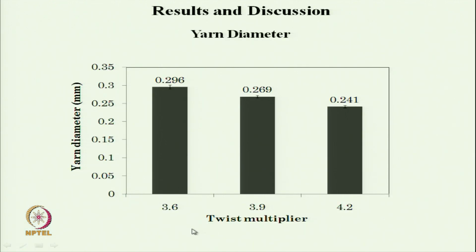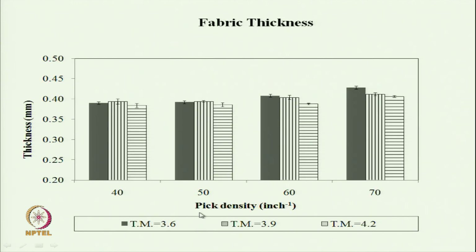Now, as we increase the twist multiplier, the yarn diameter reduces. This is obvious because yarns are becoming more and more compact. Now, as we increase the pick density 40, 50, 60, 70, the effect of thickness is not that significant.